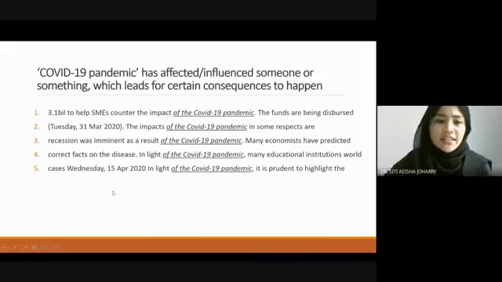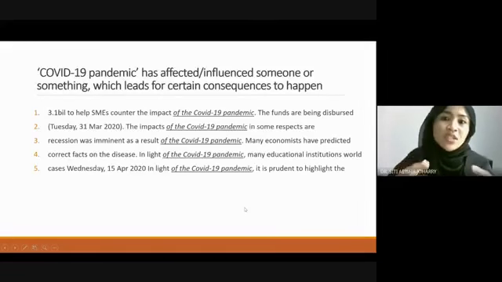In these instances, we can pull out from the concordance lines that these are similar in terms of how it is used. So COVID-19 pandemic is often used with the prepositional phrase of the, and in this case, you can talk about the impact as a result, in light of, and that creates this meaning up here.